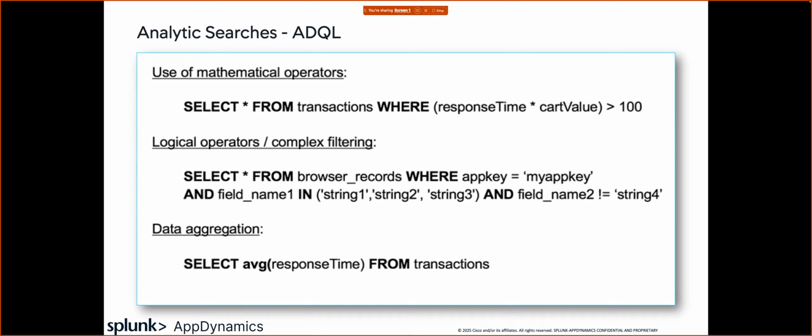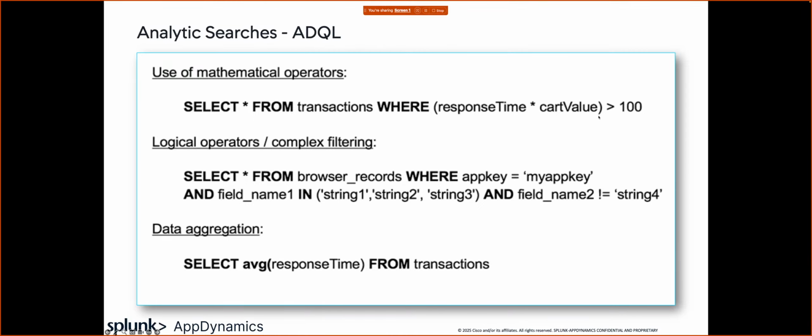Now there are also three main components in addition. When you're doing select from, it almost always does a star there, and then you can start doing the select and pick all the data points you want. But to represent the point that you're trying to get across, you might need mathematical operators. So you might say, I only want to know the transactions where the response time times the cart value is greater than 100.